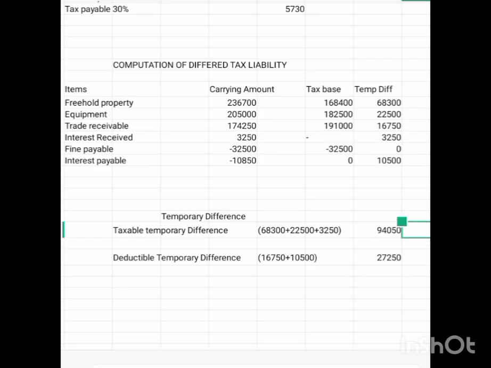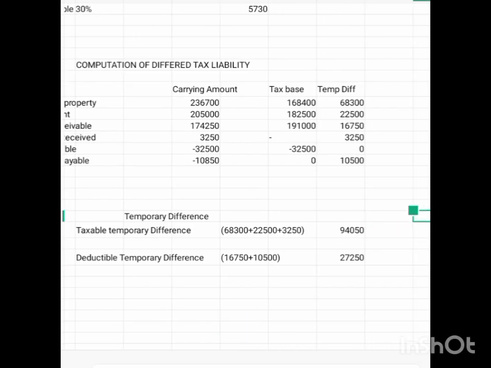So we can now say deferred tax, it is 30%.